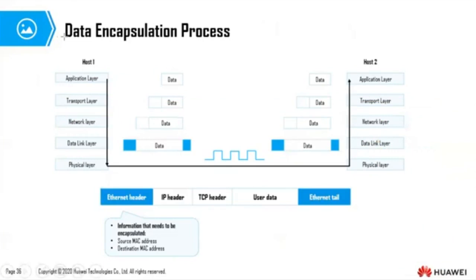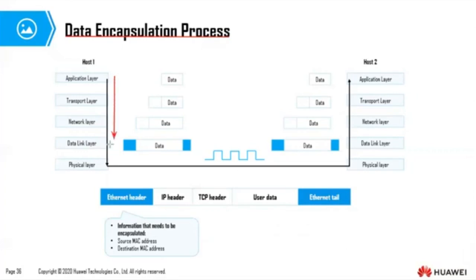So the data encapsulation process for that scenario that we have just looked at. Before we send, of course, the data has to be encapsulated from the very top layers to the bottom.